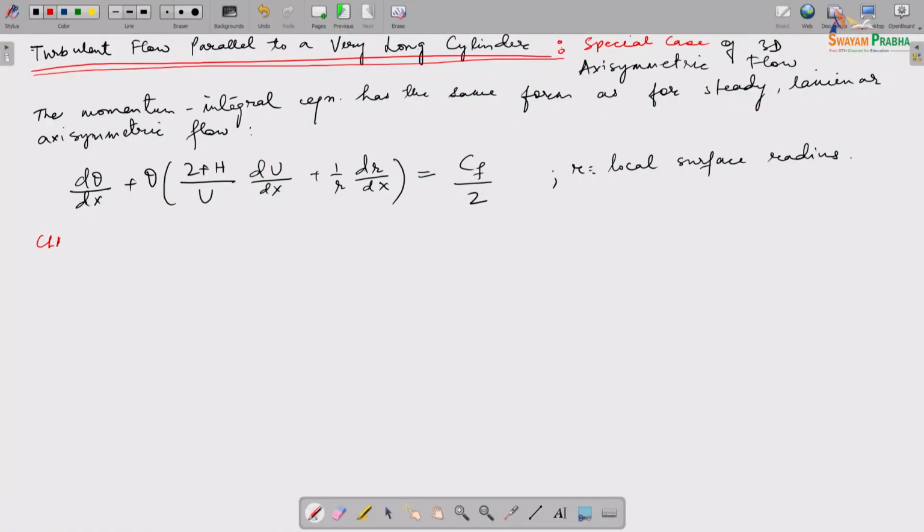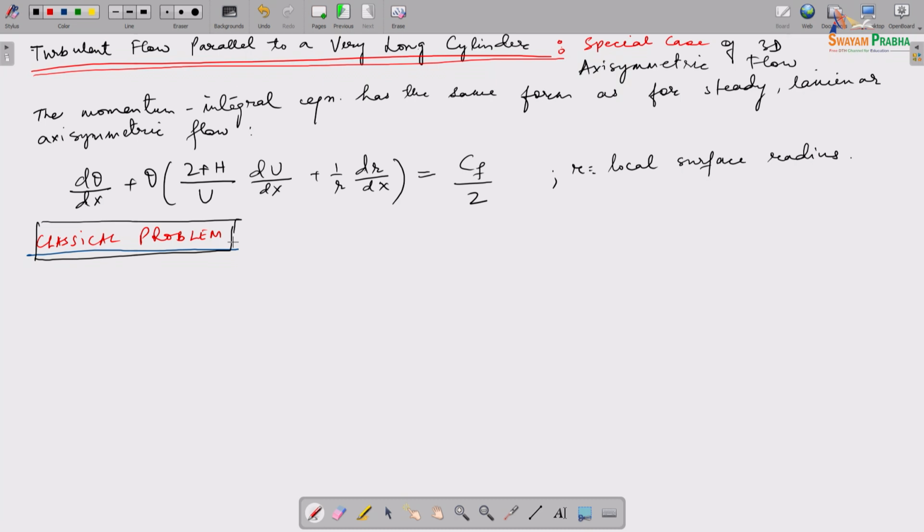Okay. So, then let us consider the following classical problem. Okay. So, the classical problem is turbulent flow parallel to a very long cylinder of constant radius r is equal to a.